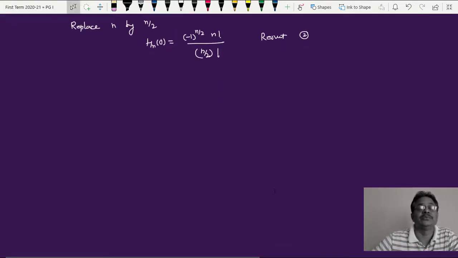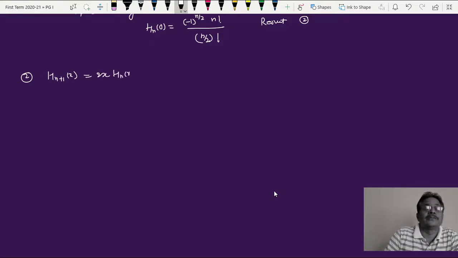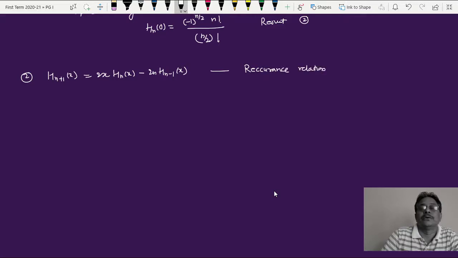Second, number 2, show that hn plus 1 of x is equal to twice x into hn of x minus twice n hn minus 1 of x. So this is also a recurrence relation.